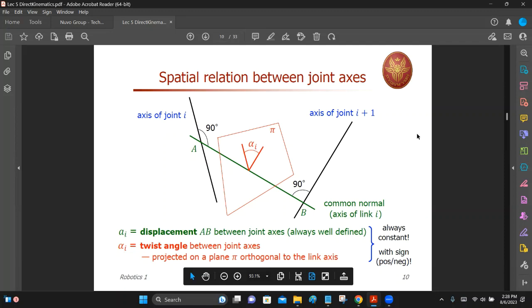Just two parameters, the length and the twist, describe each and every link of the manipulator. And when we talk about angles, remember that the anti-clockwise direction is positive and the clockwise direction is negative. Stick to that.